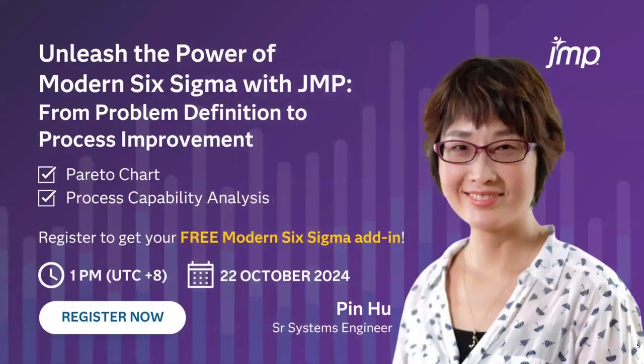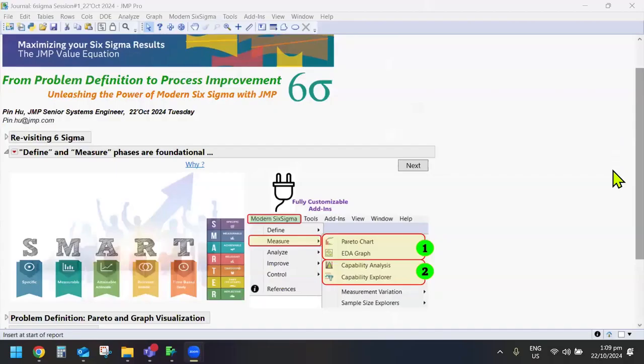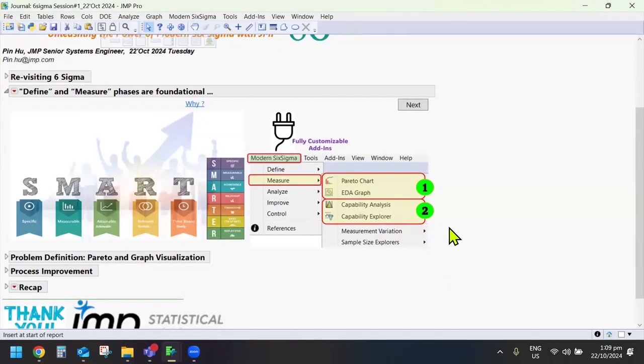So for today, let's talk about problem definition and process improvement. For today's session, I am focusing on only one customizable JMP add-in, which we call the Modern Six Sigma JMP add-in. If you do not have it at this moment, don't worry, we will share this add-in with everyone free of charge, right?